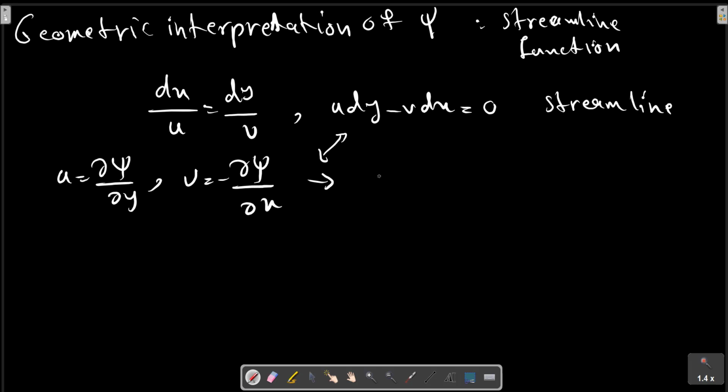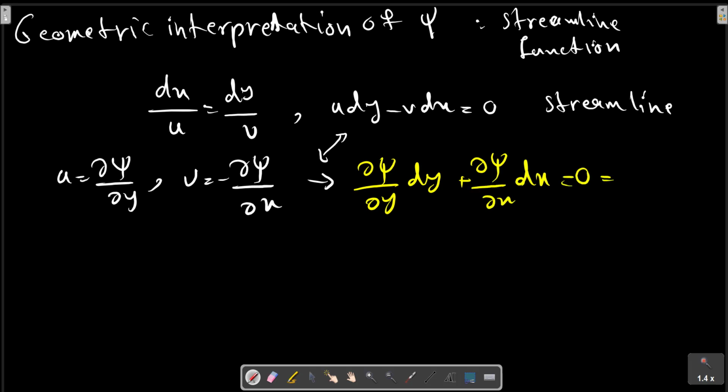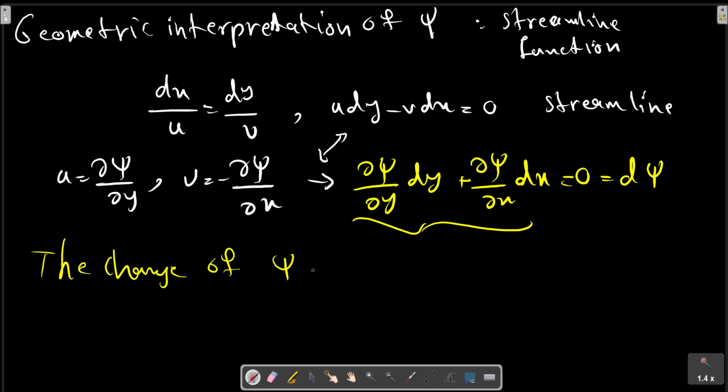It says that the partial of psi with respect to x plus the partial of psi with respect to y equals 0. Thus the change in psi is 0 along a streamline.